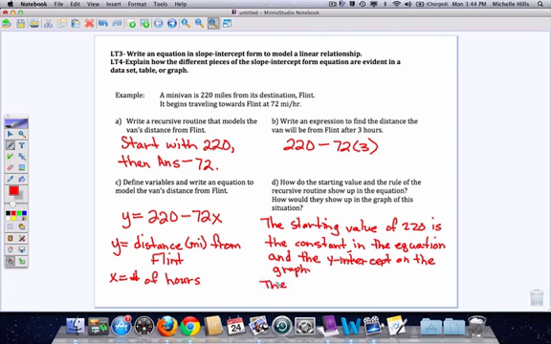The rate of change, the rule in this case, is the coefficient, that's the number in front of x in the equation.